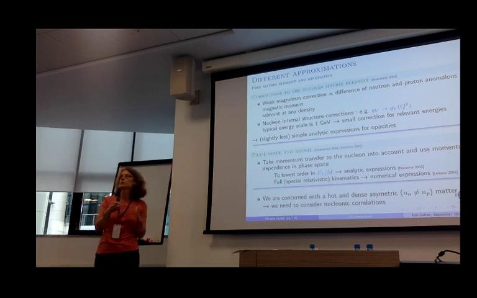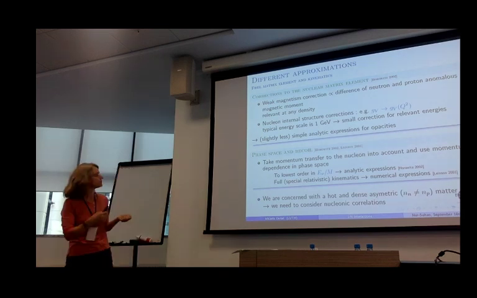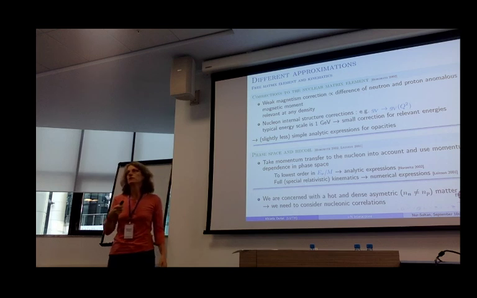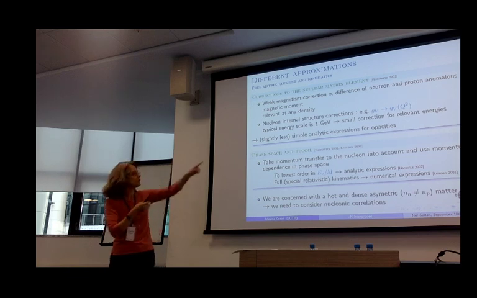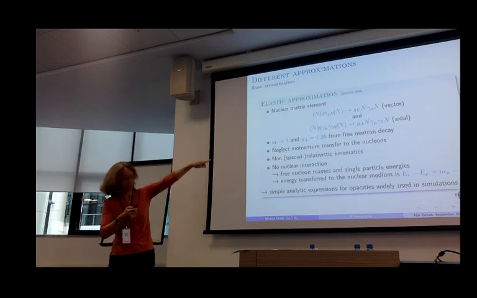So this is in principle relevant at any density and can be included in the expressions. Another correction you could consider is the nucleon internal structure, via the momentum dependence of the form factors, called GV and GA.